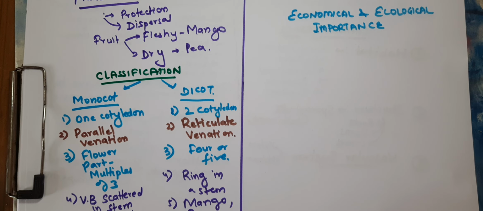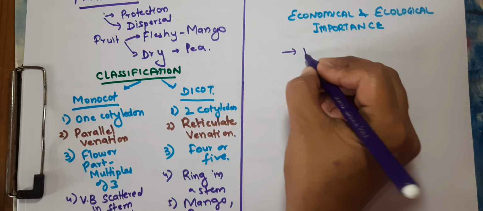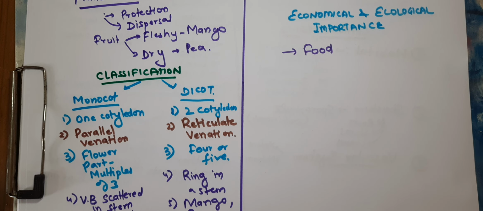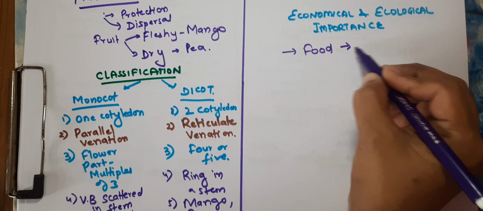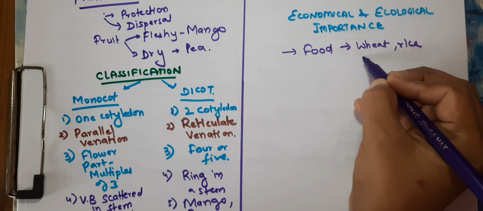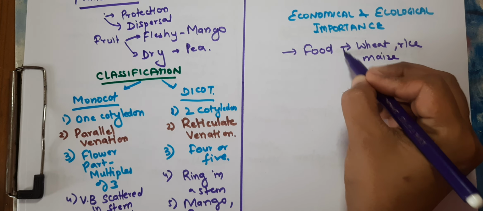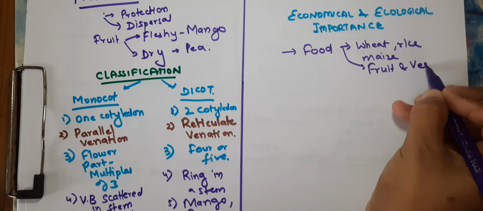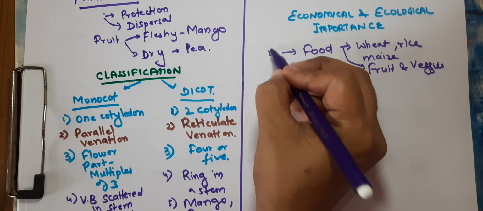First of all, straightforward, that is food. Angiosperms provide us the staples like wheat, rice, and maize, and they also provide us with fruits and vegetables. So this is the first one.